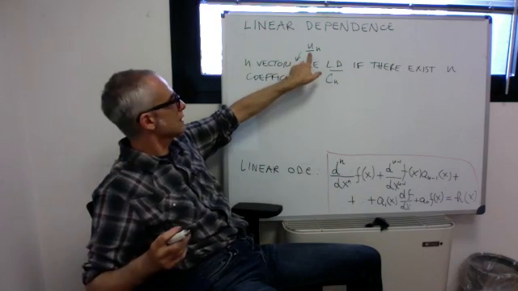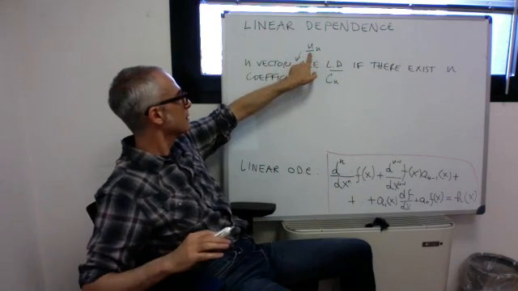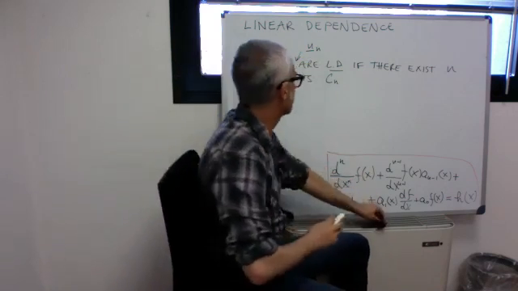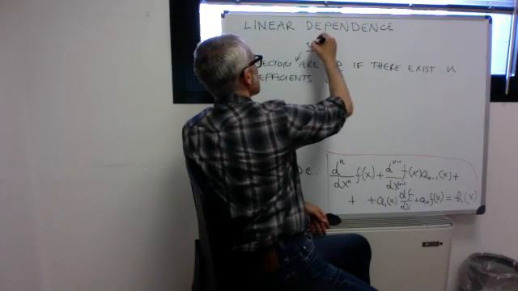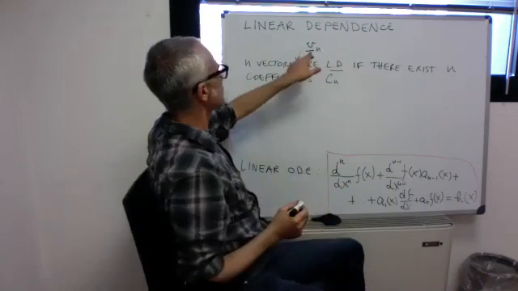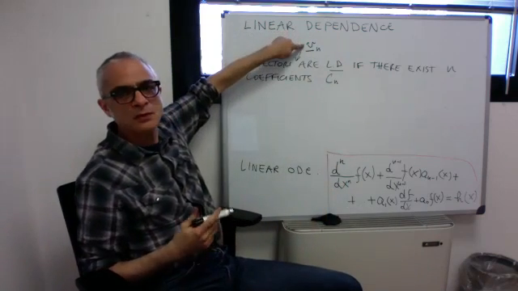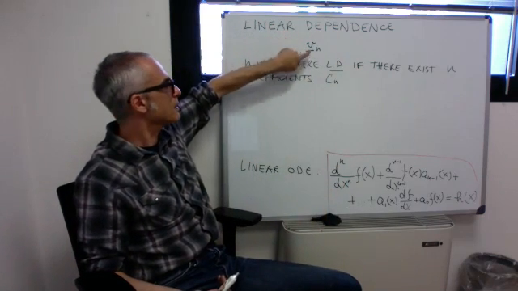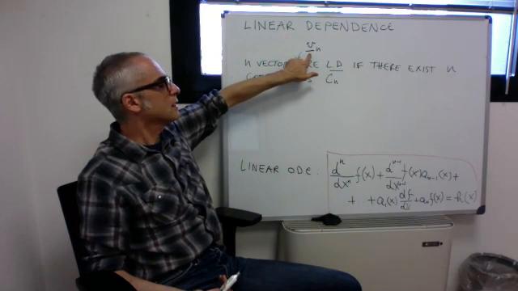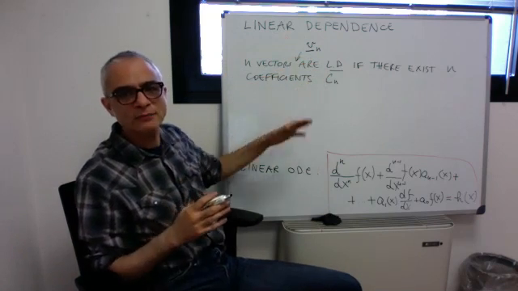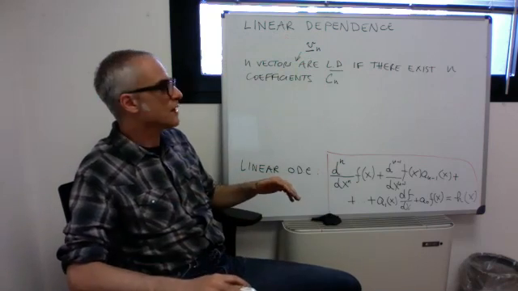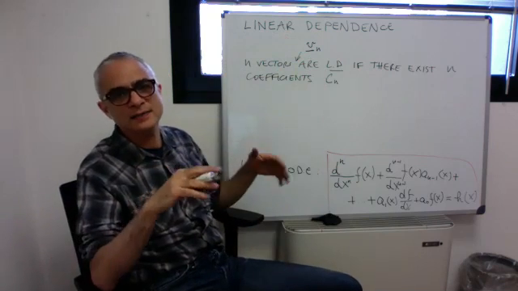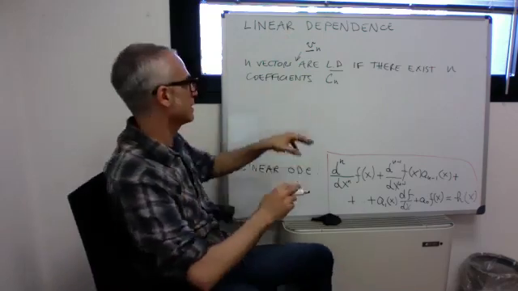I do it without thinking, so you have to get used to that. So a letter, whether lowercase or uppercase, underlined on my whiteboard, means a vector. If it's not underlined, it cannot be a vector. If I underline it twice, it's a matrix, but we'll get to that later.